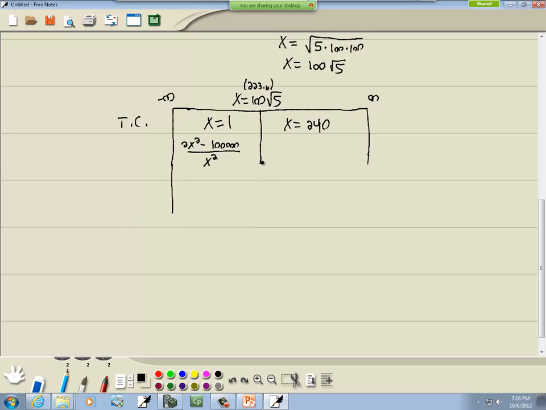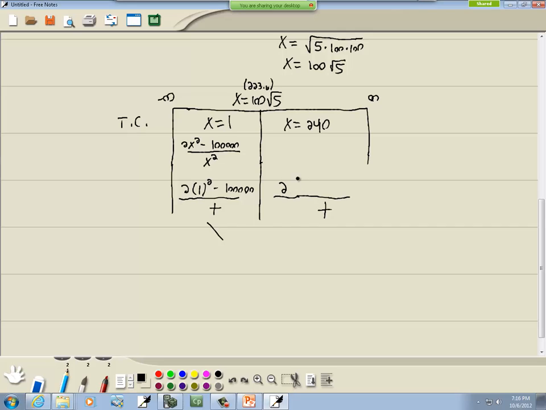So the bottom part is x squared, so it's automatically going to be positive. So we don't need to worry about that on either one of these. Top, though, we'll plug our test case in. So 2 times 1 squared minus 100,000. Well, 1 squared is 1, times 2 is 2, minus 100,000 is negative. Negative divided by positive is negative. So that's decreasing.